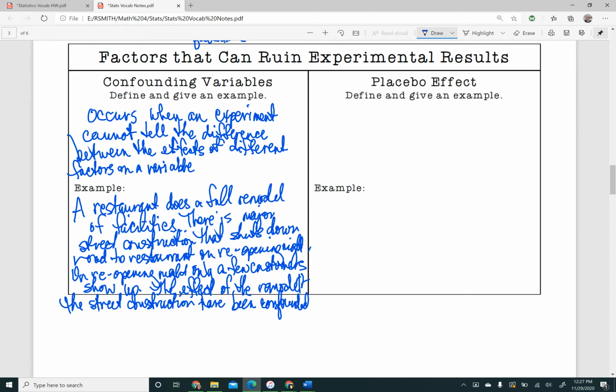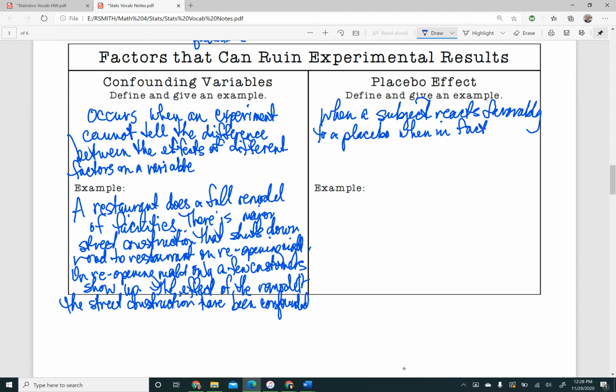All right, the placebo effect is when a subject reacts favorably to a placebo when in fact the subject has been given no medicated treatment at all.